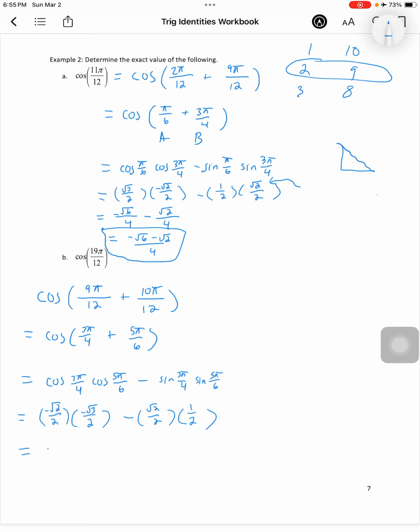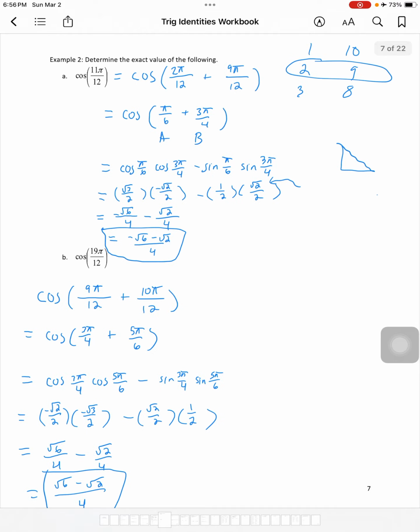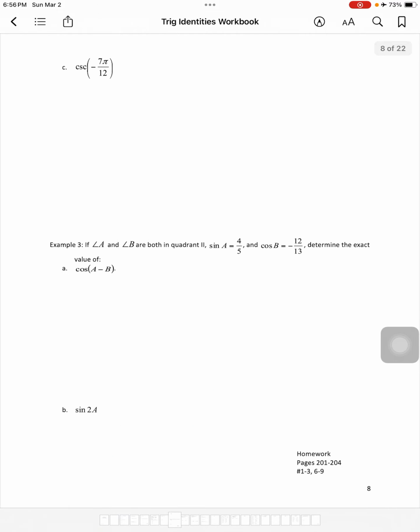And then here, you're going to get positive square root 6 because the negatives cancel, over 4, minus square root 2 over 4. And when you put everything together, because it's the same denominator, it's going to be positive square root 6 minus square root 2, all over 4. And that's it for example 2.